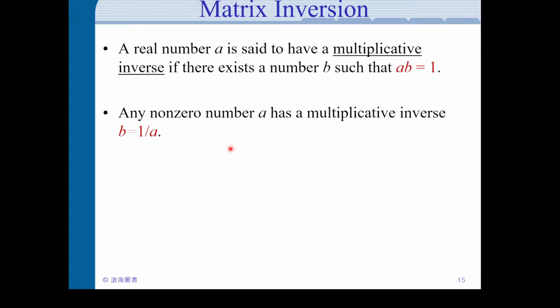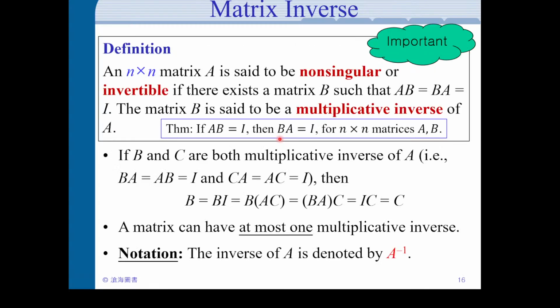Remember, with multiplication of real numbers, most of the time we have an inverse. If we have some number a, we can find some number b where a times b equals 1. Every number that's not 0 has b equal to 1 divided by a. We want to find a similar thing for matrices.